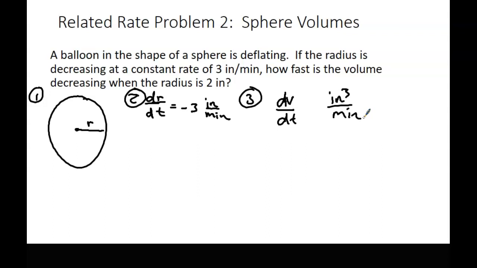All right. Now I want you guys to do step 4. Step 4 is to find a formula that connects... what 2 variables do I want to connect? Radius and volume. I want to find a formula that connects radius and volume. Go ahead and see if you can do that.